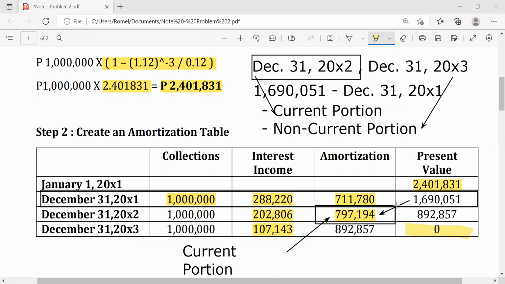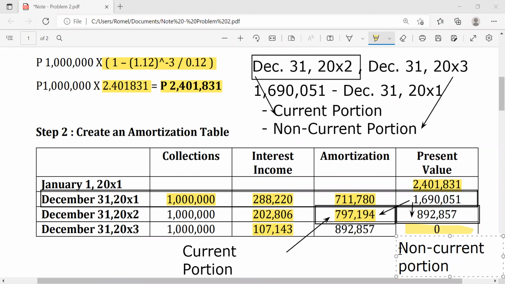And then, the remaining part, which is 892,857, this will be presented in the non-current portion of the asset section. So yung 892,857, this is the non-current portion. Why is this a non-current portion?